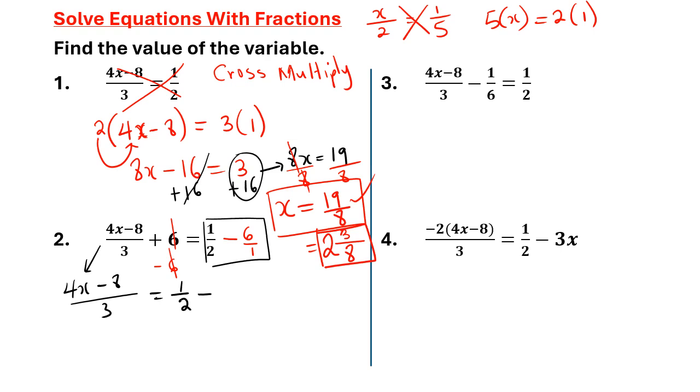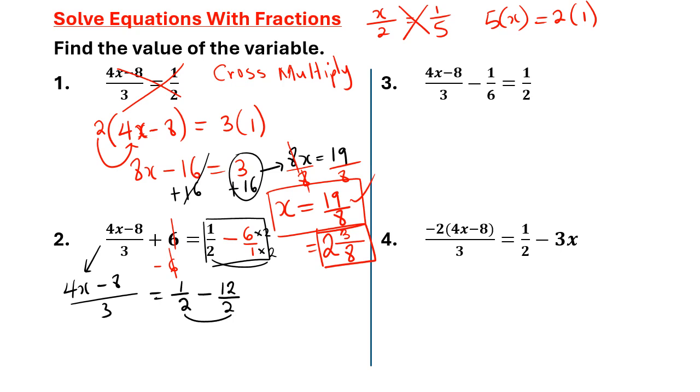All right, so instead of 6 over 1, because I want to be able to combine this number and this fraction, I will just change this -6 to -12 over 2, right? Because I want them to have the same denominators. So what I did was just multiply this 1 by 2 and multiply 6 by 2, so that I can combine them one time.